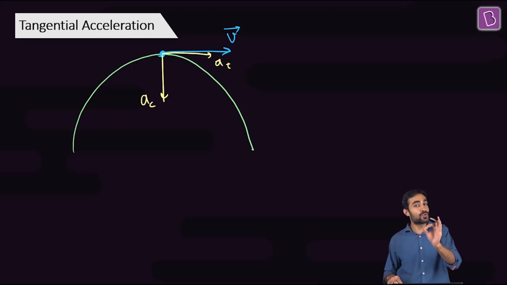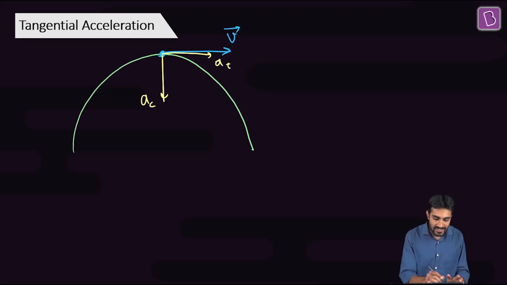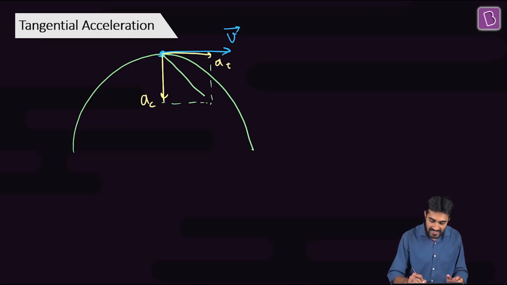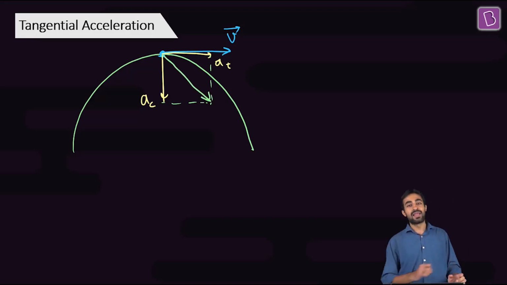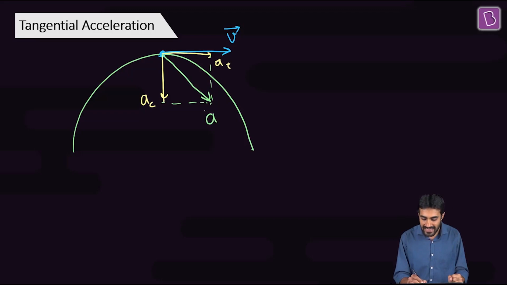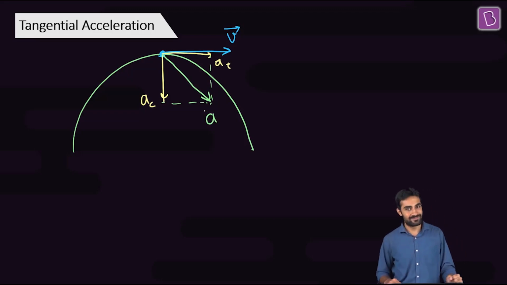Now, what is the total acceleration of the particle? The total acceleration would look like this. It is just the resultant of AC and AT. If we add the centripetal acceleration and the tangential acceleration, we get the total acceleration of the particle.